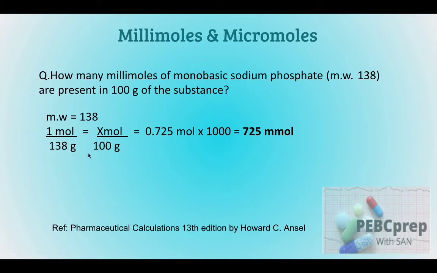So how many moles in 100 grams? When we calculated, we got 0.725 moles. Then we multiply it with 1000 to convert it into millimole, and we finally got 725 millimoles.